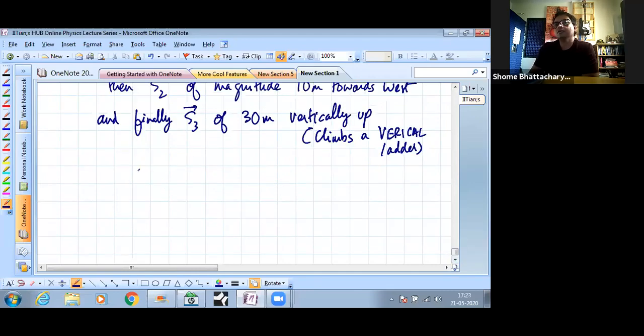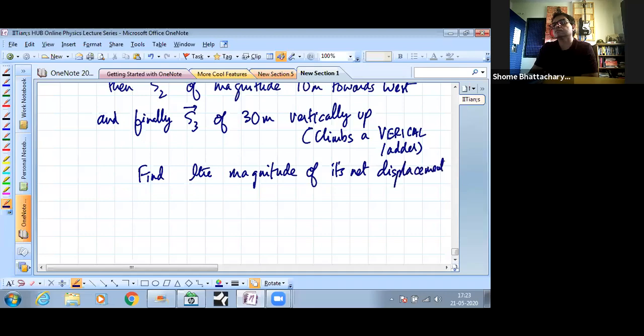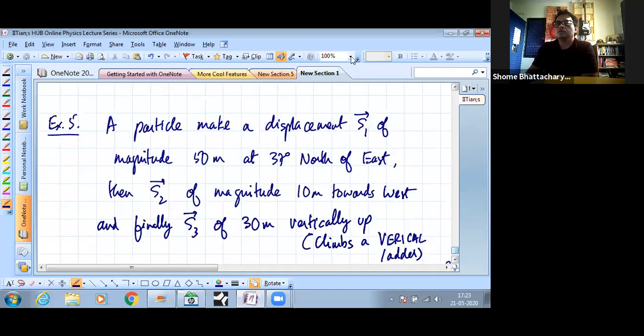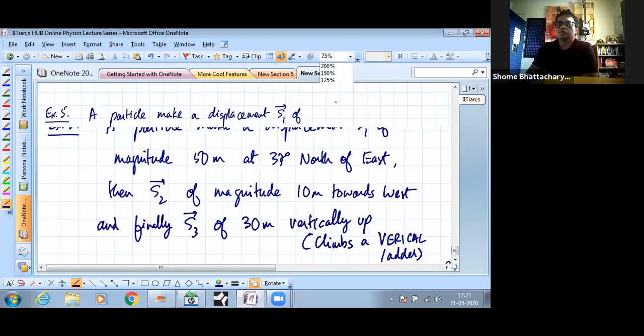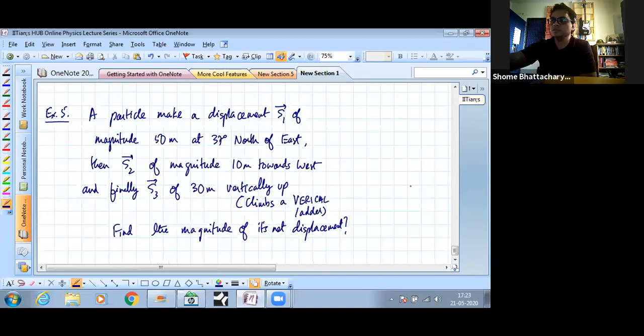So find the magnitude of his net displacement. This is just again to give you a bit of practice with the three-dimensional component system. So just try this out, people.